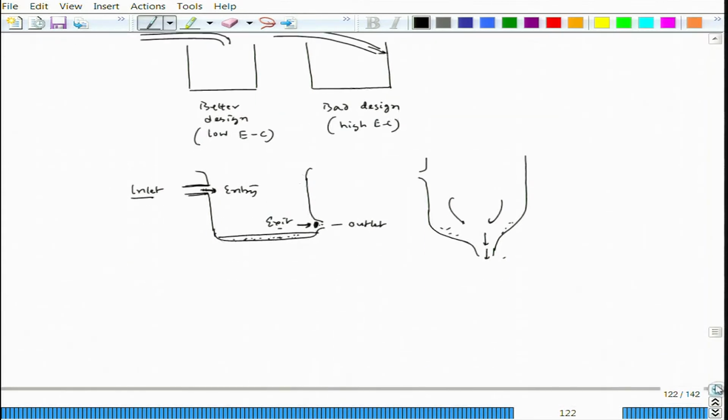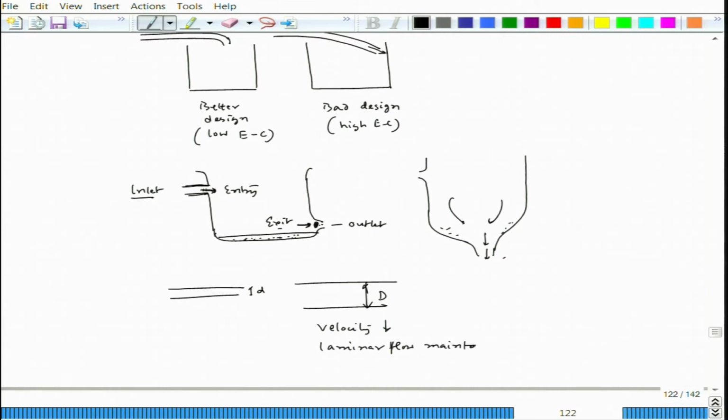Now, let us say two pipes, this is one pipe and this is another pipe, where the diameter in this case is d, and in this case it is larger. So, with the increase in diameter, in this case velocity would be less, laminar flow maintained, okay.